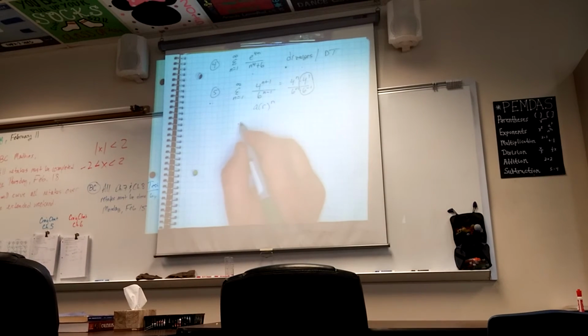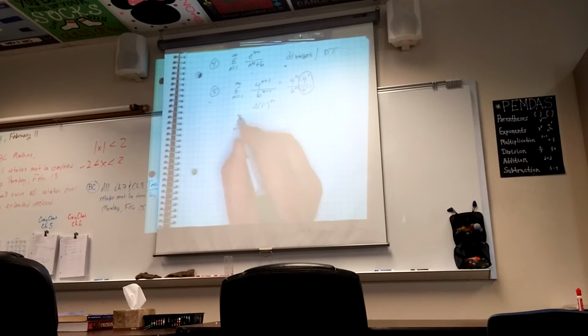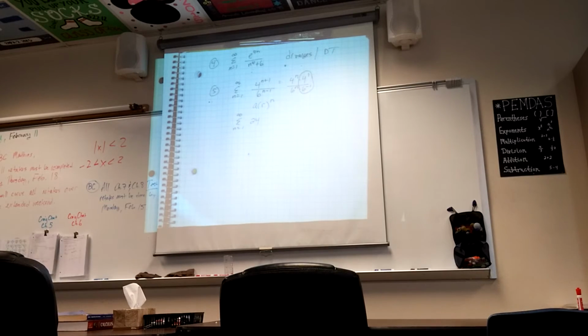By the way, what is that? 24. Exactly, that's 24. It's 4 times 6 to the negative, or 1, divided by 6 to the negative 1, which is really 4 times 6. And then your r is 4 over 6 to the nth power, which does reduce down to 2/3, but it doesn't matter.